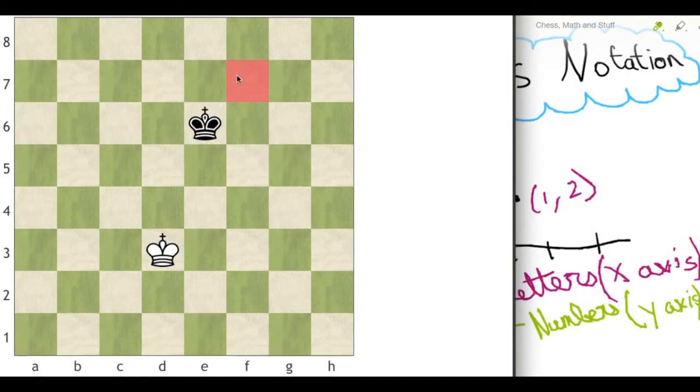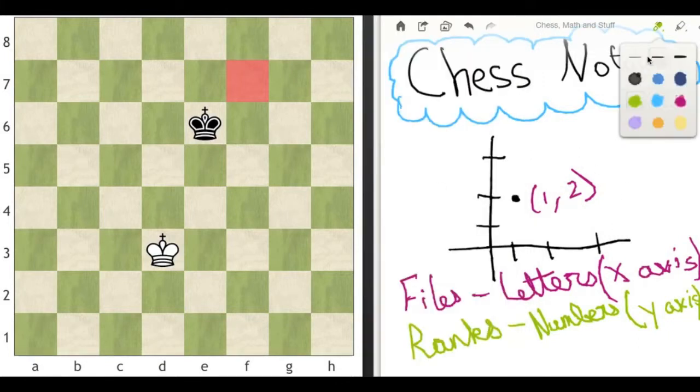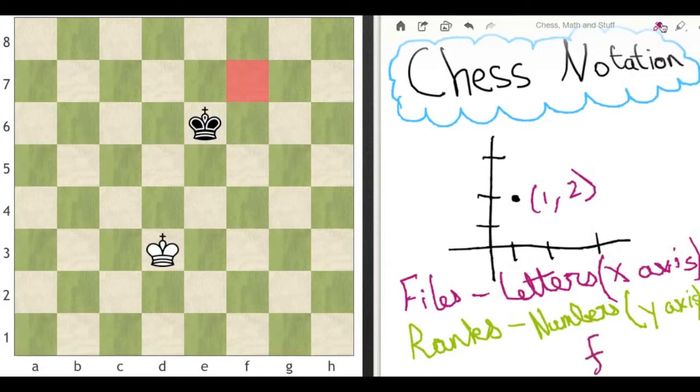And what's your rank or your y-axis? 7. So that would be f7. As simple as that. So let's write that there. It would be f, because that's the file, and 7 because that's the rank.